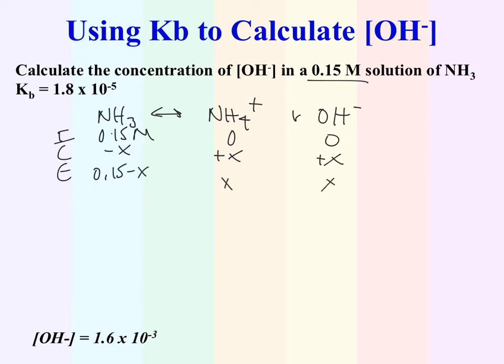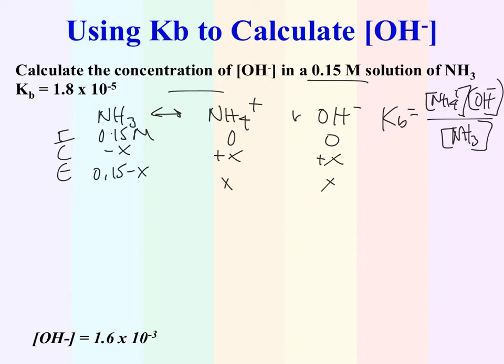Just like with weak acids, we set up our equilibrium expression, but in this case we're going to set it up with respect to the ionization products of the base: the ammonium and the hydroxide ion, and of course our original concentration of NH3. Notice I've left out the H2O from the expression here because it's not going to be a factor in our equilibrium expression.